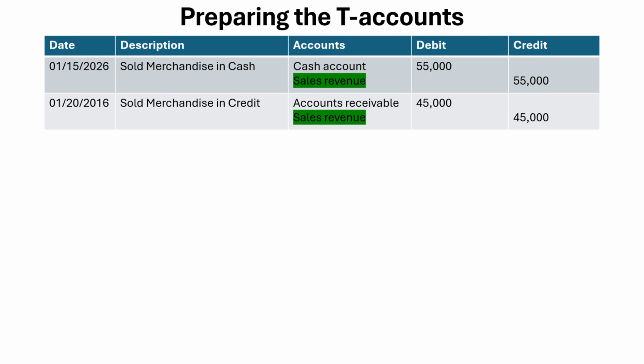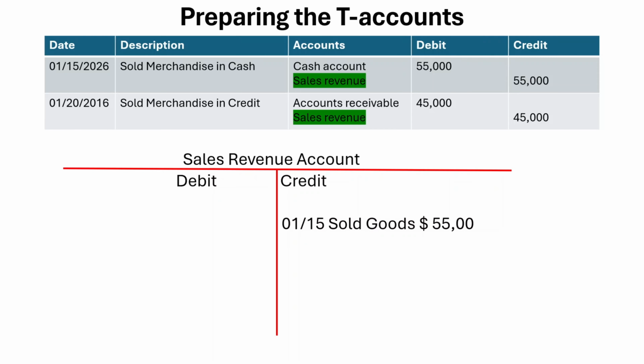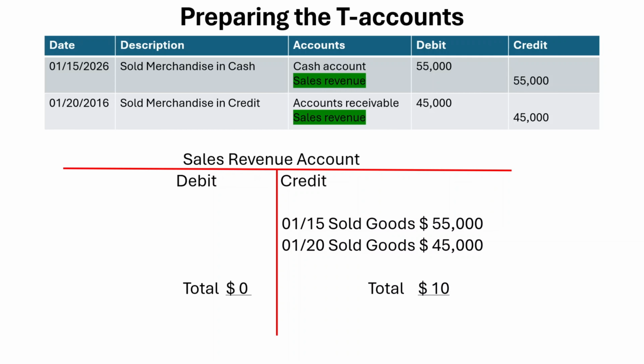Let us move along to the next set of transactions where we have the sales revenue account. It was affected by two transactions, as you can see up in the journal entry. Then we have our sales revenue account, debit and credit. Sold goods for 55,000, then sold goods again for 45,000. Total on the credit side is 100,000.